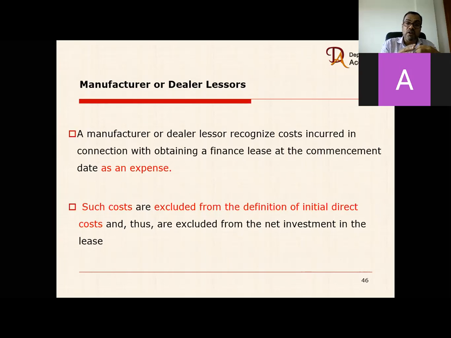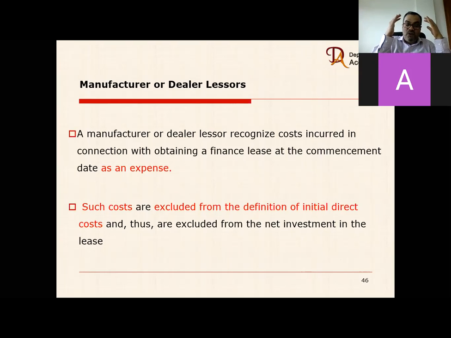Remember the concept that you learned, the matching concept. Matching concept follows. There is a component in the lease when the lessor is a manufacturer or a dealer, and that component is a profit. You sell and recognize a profit. So that profit arises as of this lease. Therefore, any additional expenses associated with this lease have to be immediately recognized in the year in which you recognize your revenue. That is the matching.